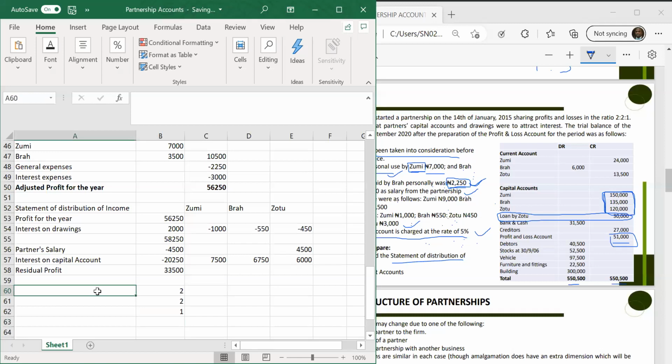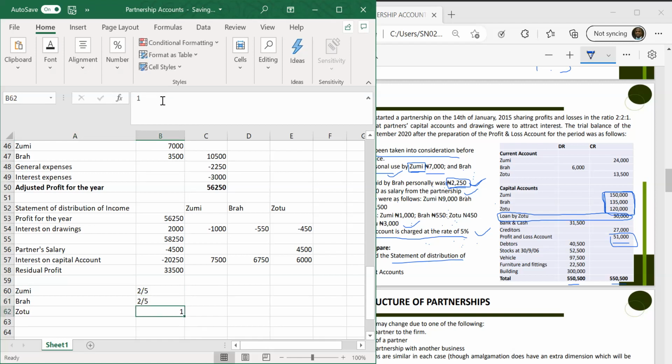So meaning that we are going to write Zumi first, in that order, right? Bra second, and Zotu as the last person. So these two will be divided by what? By 5, because if we add 2 plus 2 plus 1, it will give us 5.